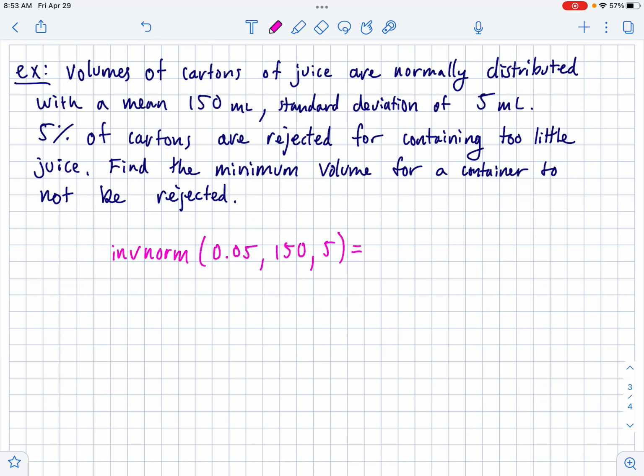Copy, paste that. 141.78. So remember 141.78 is exactly the bottom 5%. To be able to not be rejected, cartons must have more than 141.78 milliliters.